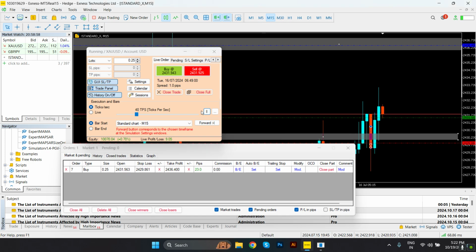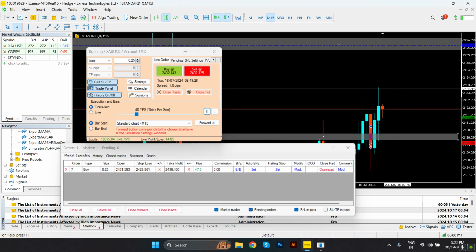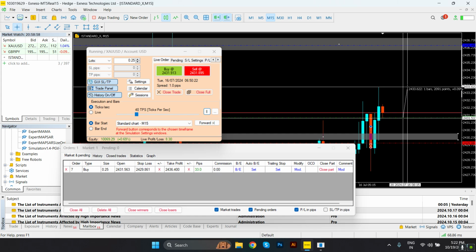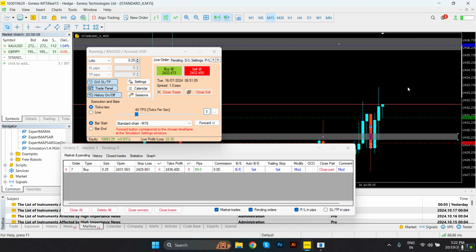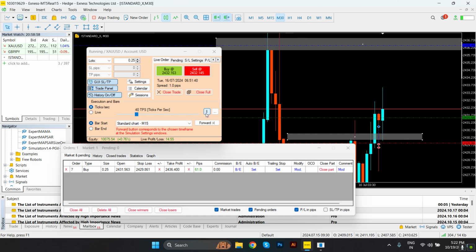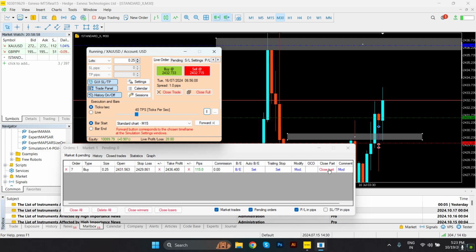We should fill this wick now on the 15-minute time frame. Yeah, good. 13 pip, 12 pip, 14 pip, maybe 15, 20, close partials. Oh wow, look at that.